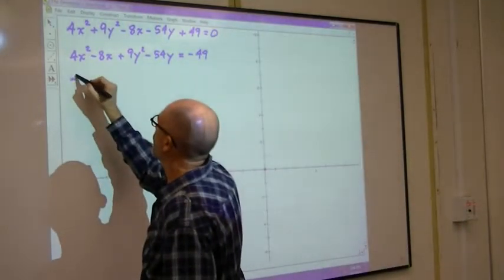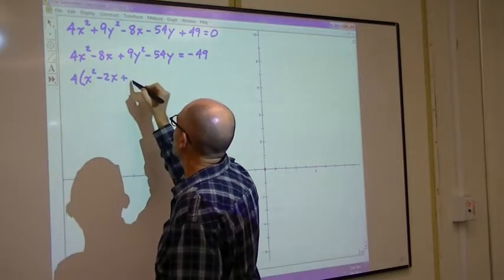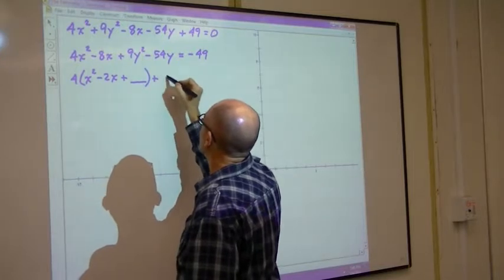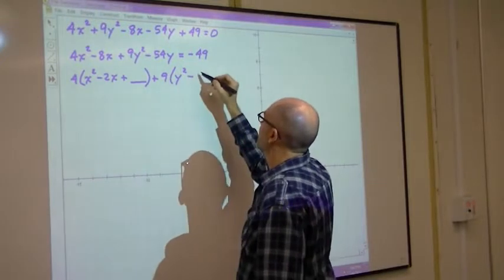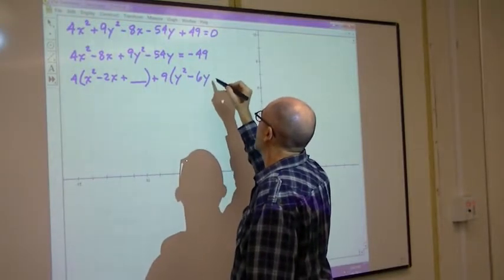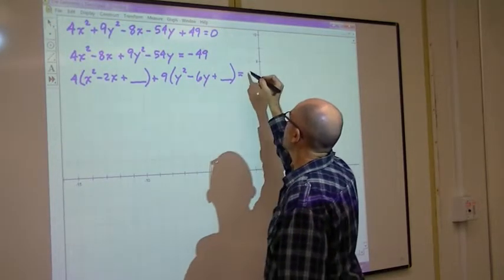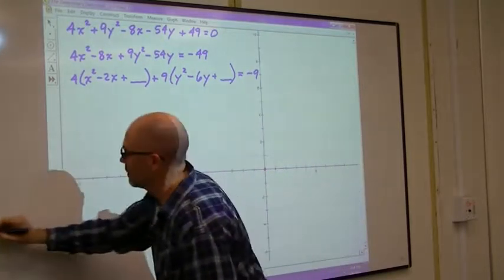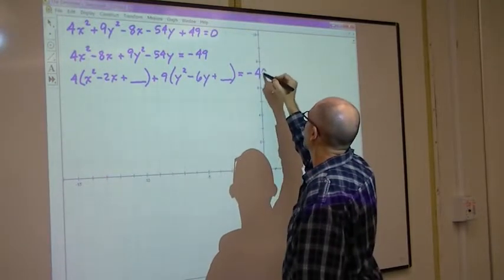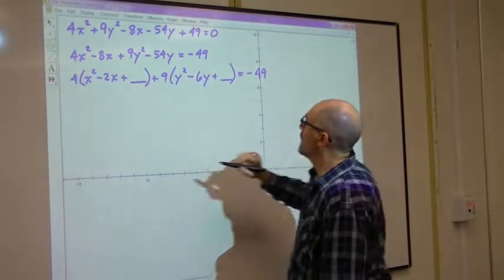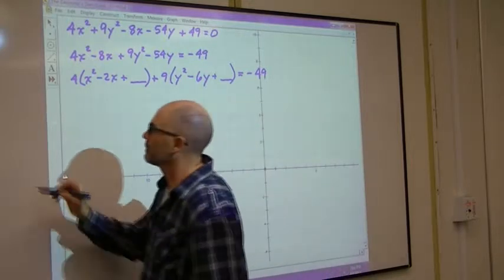So we have 4 times the quantity x squared minus 2x plus blank, plus 9 times the quantity y squared minus 6y plus blank, equals negative 49 plus 4 times blank plus 9 times blank.